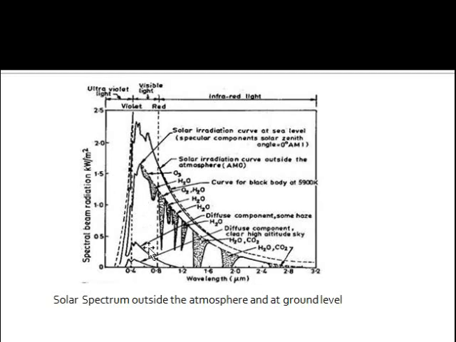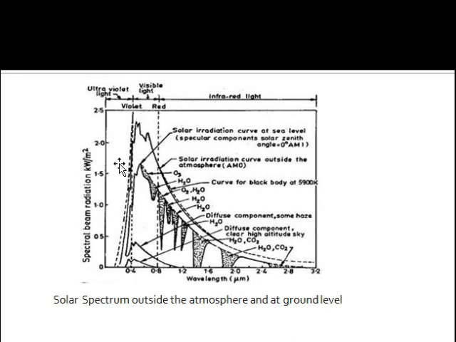Here there are 1, 2, 3, 4 curves. Of these four curves, two are diffused radiation curves, and two are total radiation curves. What you can get from this is that at sea level, the energy content we receive is only 1.5 kilowatt, but outside the atmosphere, you can see this curve, AM0, meaning air mass 0, at the surface of the atmosphere, that means before reaching the ground.